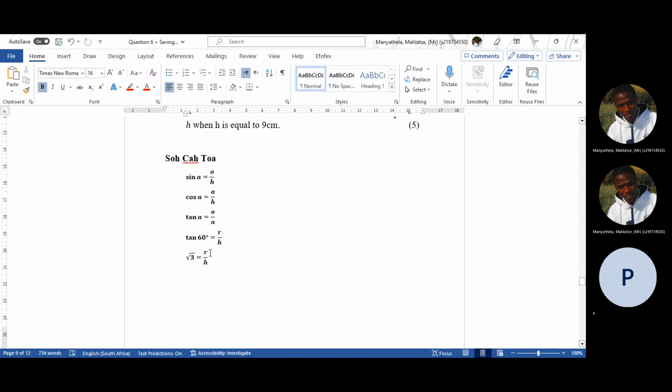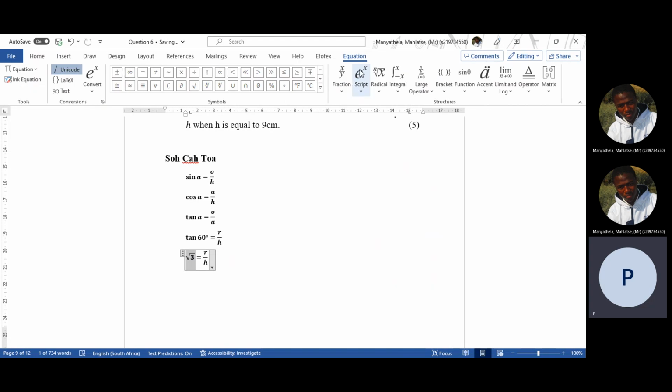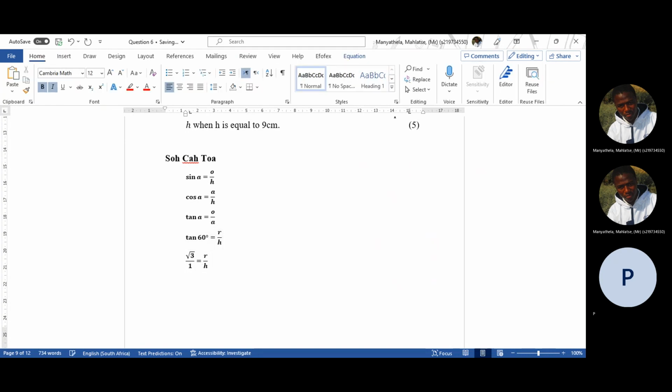Which is equal to h over r. So cross multiplication. Let me write it as a fraction, root 3 over 1. So cross multiplication. H multiplies 1, and then r multiplies root 3.